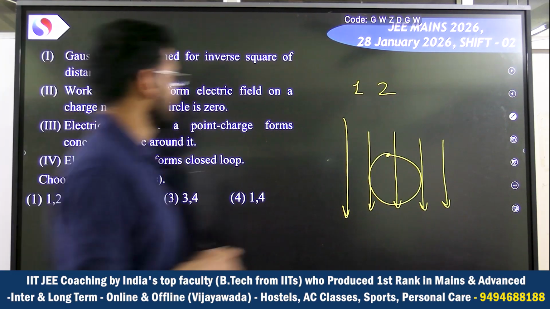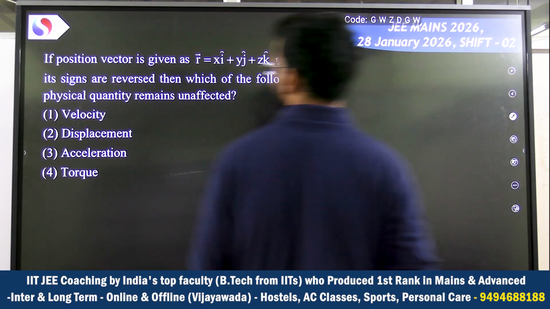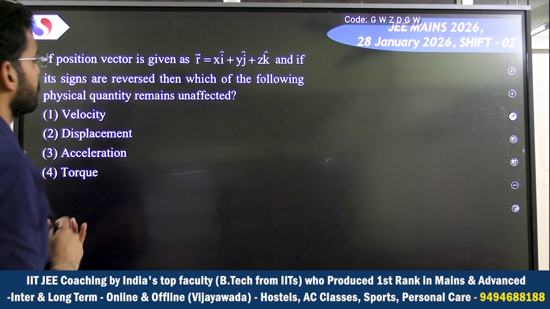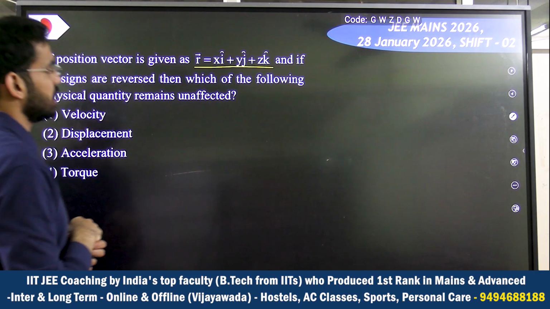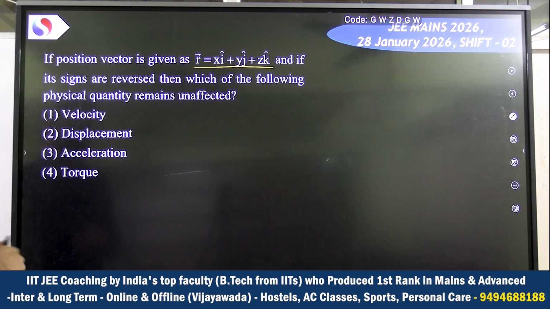Next, the position vector is given as x i cap plus y j cap plus z k cap, and if its signs are reversed, which of the following physical quantities remains unaffected?